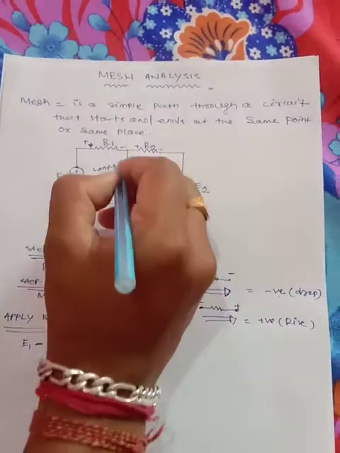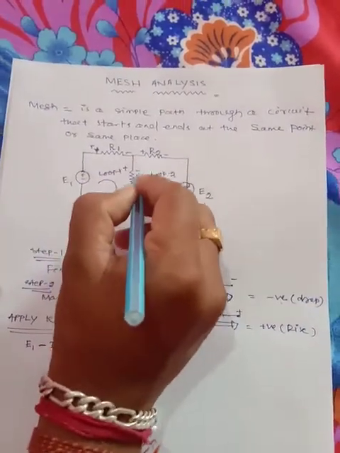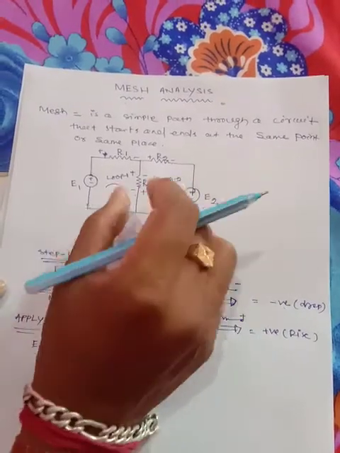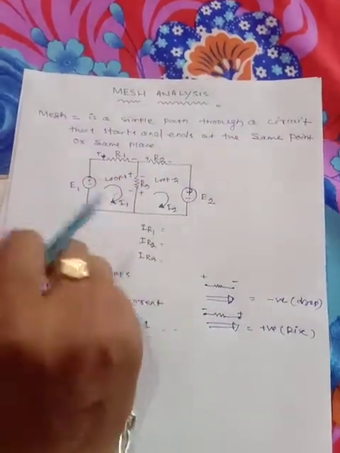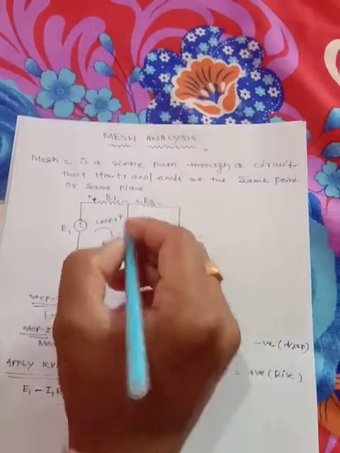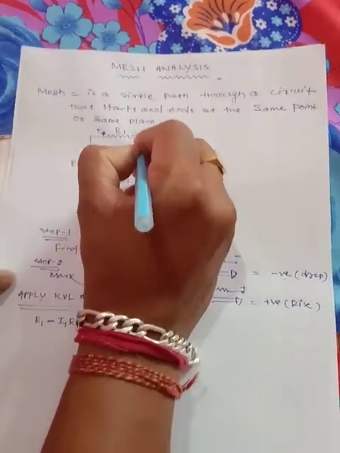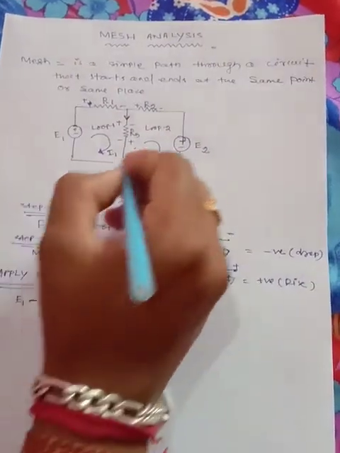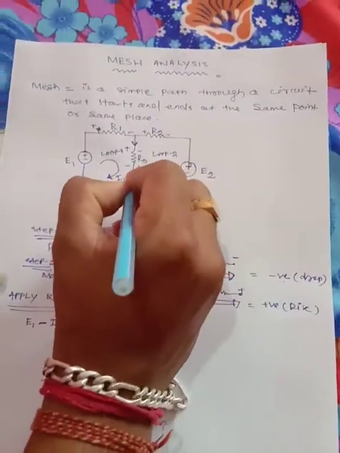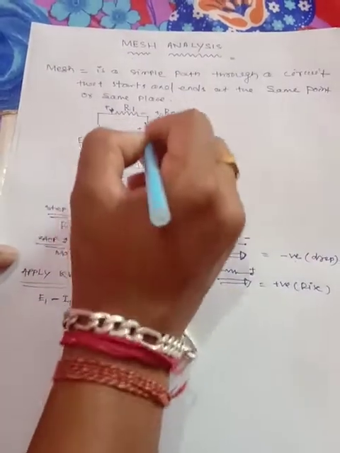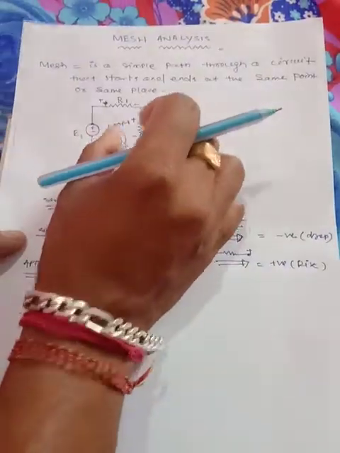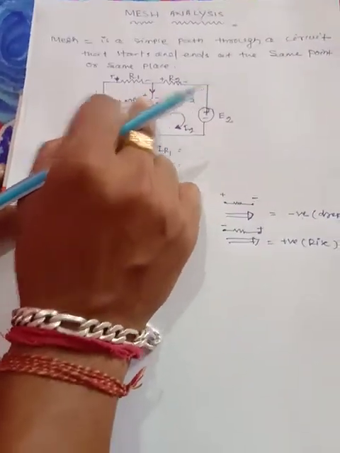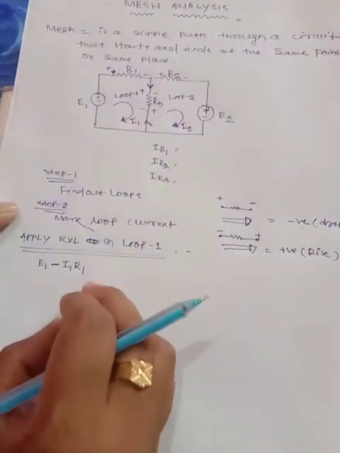Here there is a common point, a common resistance R3. Two currents are flowing through it: I1 current is flowing downward and I2 current is flowing upward. So I can write two currents, I1 and I2, flowing across R3.